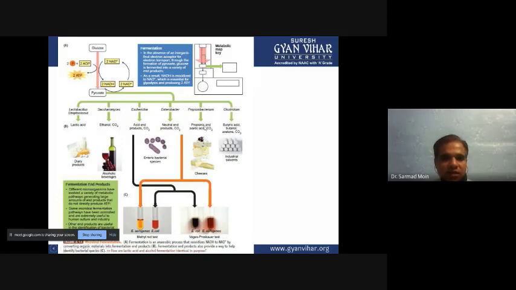Then some bacteria like Propionibacterium will produce propionic and acetic acid, and this propionic acid and acetic acid we can use to produce cheese and paneer. Then Clostridium can convert pyruvate into butyric acid, butanol, and acetone, and these we can use for industrial purposes.